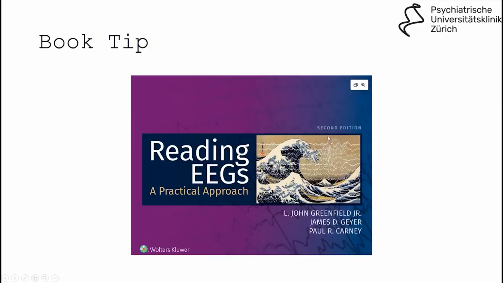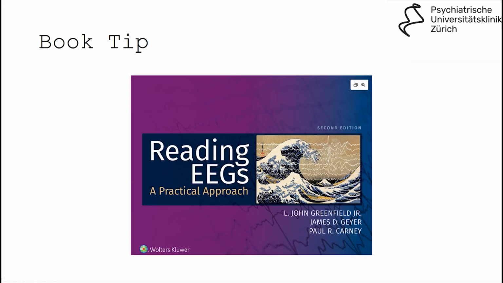And last but not least, I have a tip for you regarding the book. It's called Reading EEGs: A Practical Approach, the 2nd edition by John Greenfield, James Geyer, and Paul Carney. I have to admit that for this day's meeting, I took most of the examples from this book.